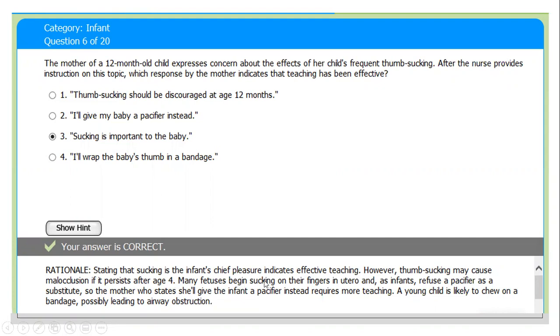Many fetuses begin sucking on their fingers in utero, and infants may refuse a pacifier as a substitute. So the mother who states she will give the infant a pacifier instead requires more teaching. A young child is likely to chew on a bandage, possibly leading to airway obstruction.